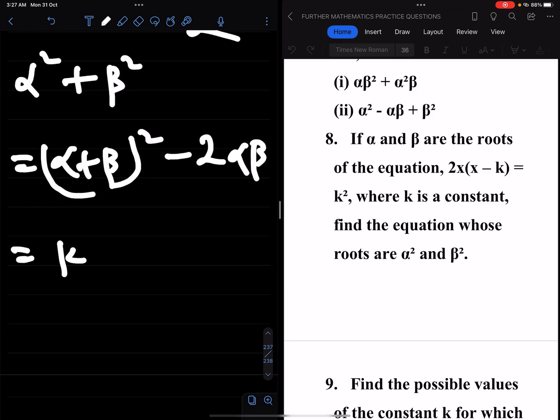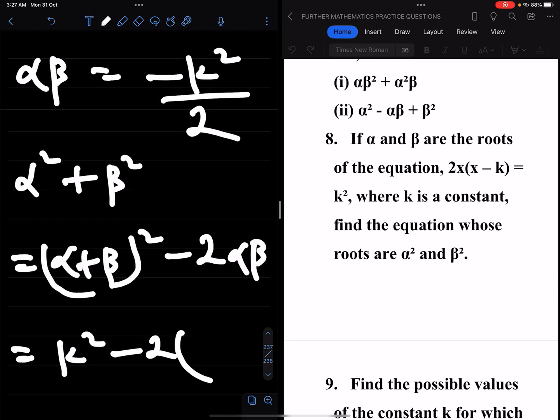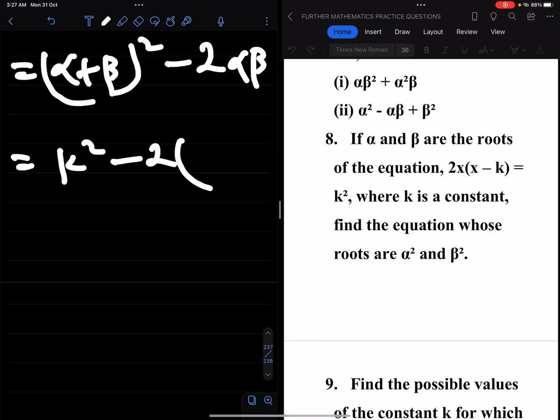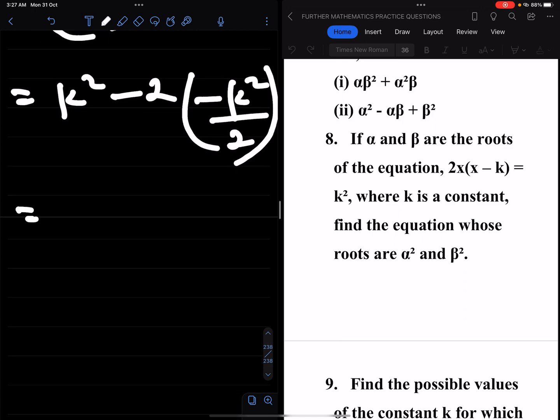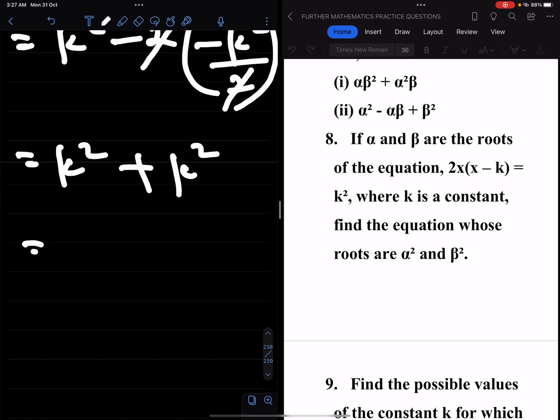That simply means k squared minus 2 times alpha beta, which is minus k squared over 2. That's minus 2 into bracket minus k squared over 2. And that's the same as k squared minus 2 here 1, 2 here 1. And that's going to be minus 1 times minus k squared, which is plus k squared. So that means the sum of the new roots is 2k squared.